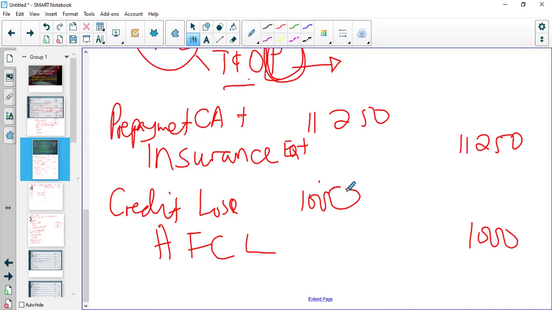So if you look at this, what it means is your expenses have increased by 1,000. Credit losses is an expense. It has increased by 1,000, and that means that equity has gone down. And this allowance is affecting our current assets.